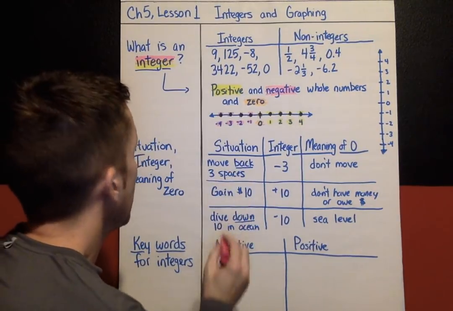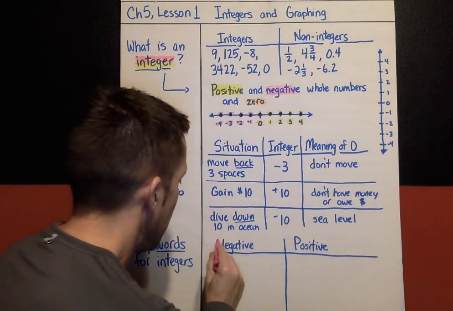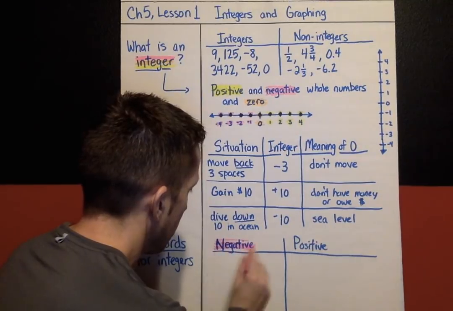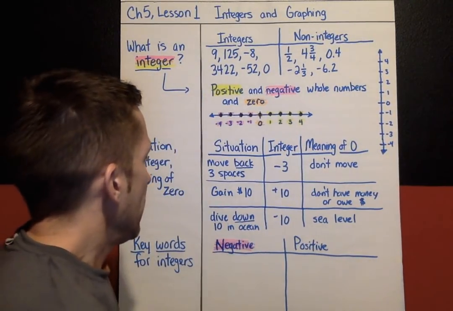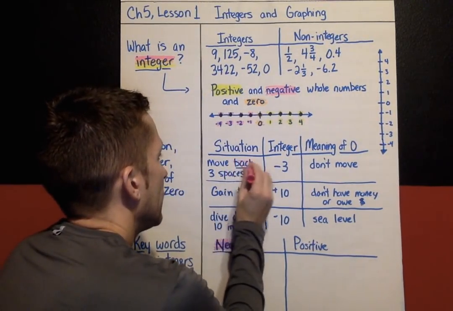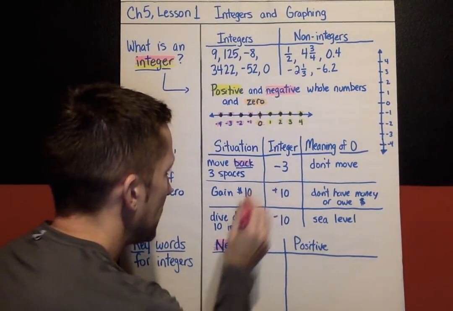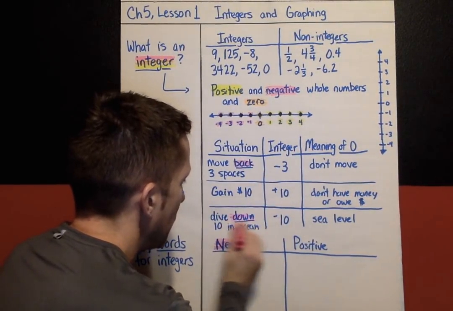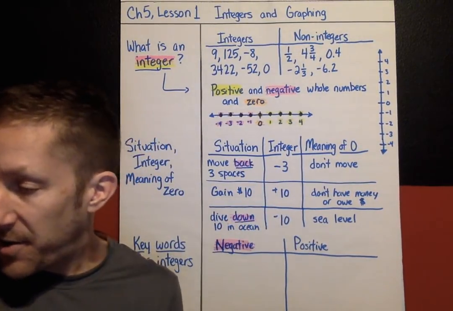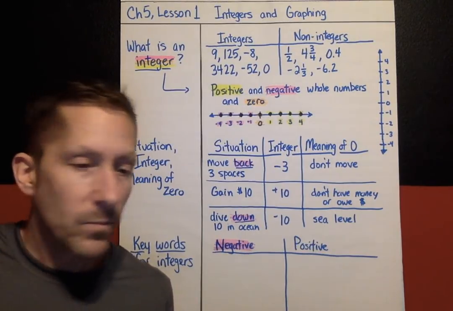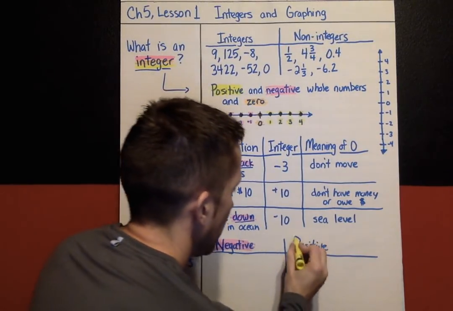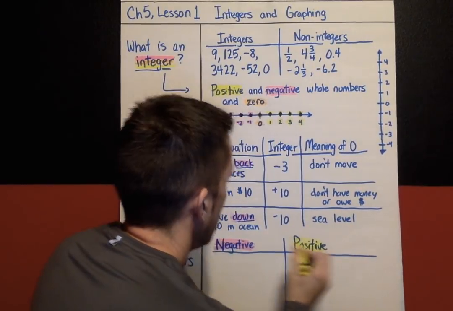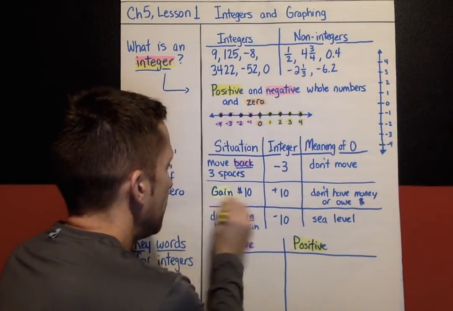I'm going to go back to my same colors. Pink is negative. And I'm going to go back and look at some of these too. Back was a -3. Dive down was a negative situation. Positive. A gain of $10.